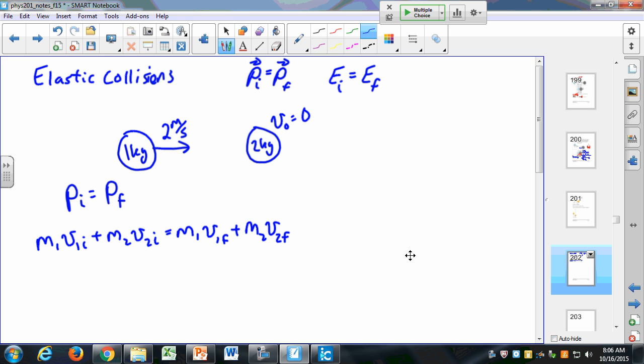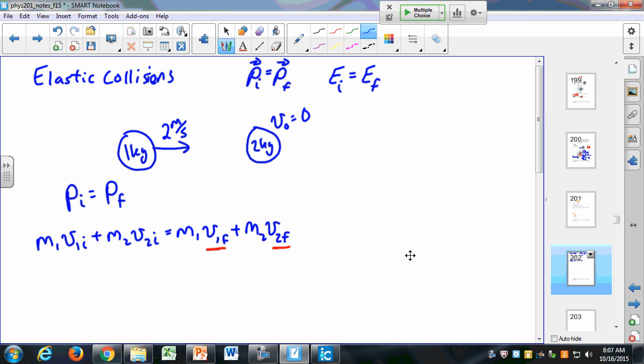If you want to put in the numbers at this point, that's fine, because I made it with simple numbers so that the algebra works out very simply. Let me just point out that we have two unknowns in this equation. I don't know anything about the final velocities, so I can't solve this equation by itself. I just don't have enough information.